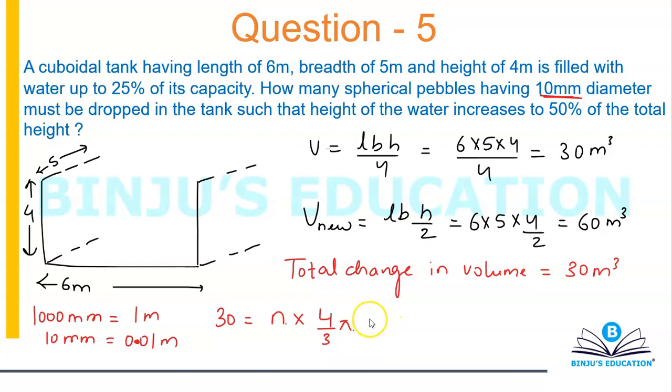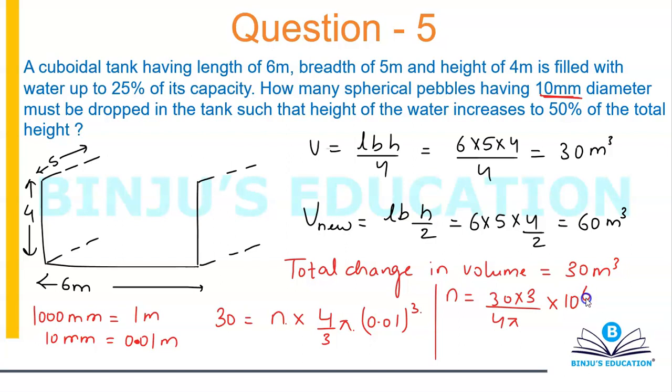So 4 by 3 pi into 0.01 whole cube. So the value of n will be 30 into 3 divided by 4 pi into 10 to the power 6.